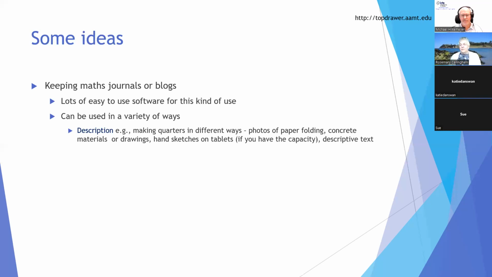We're not making enough use of taking photos. We could take photos of concrete materials, of drawings. If you've got a tablet that uses a pen, they can use sketches. And I think that those actually do have a lot of promise. They're probably too expensive for everyday use in classrooms at the moment, but they're moving and they will come down in price. And I think they have a lot of promise in maths, because then it doesn't matter how you write the thing.